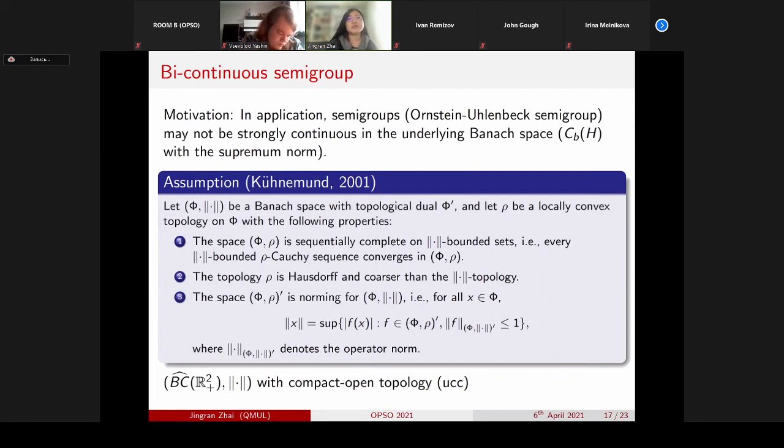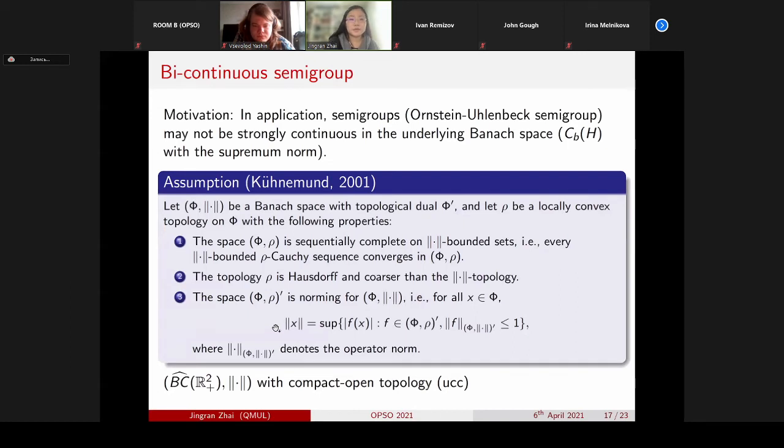To deal with this situation, we would like to introduce a coarser topology so that we can still take advantage of the strongly continuous property. This is essentially the idea of bicontinuous semigroup. So the space we work on is as such, where we have a Banach space and we introduce a coarser topology rho, and then it has to satisfy these three conditions.